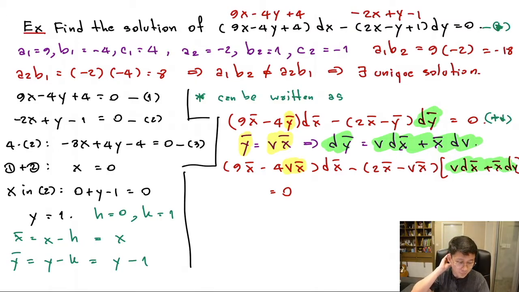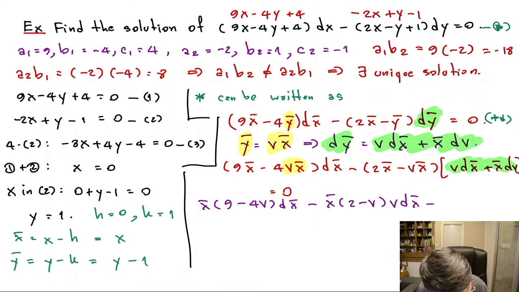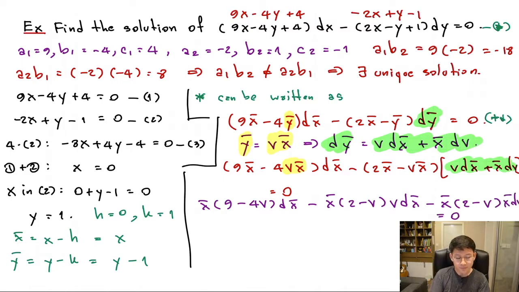separable. How? Look here, I just pull x bar out, so I get 9 minus 4v dx bar, right? And in the next one, I get minus x bar 2 minus v, and this is actually what? v dx bar minus x bar 2 minus v x bar dv equals 0.